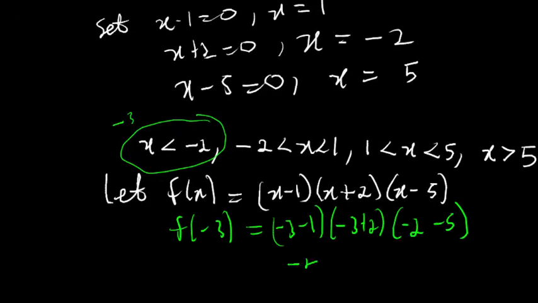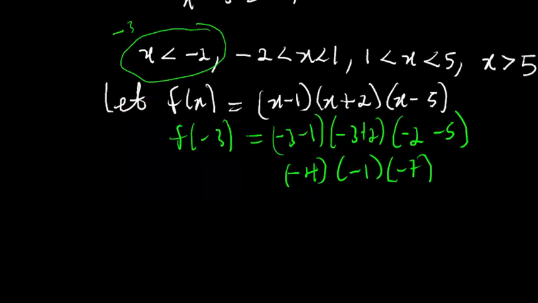So we have minus 4 multiplied by minus 1 and multiplied by minus 8. If you notice this now, we are going to have minus 32. That means we have a negative answer. That means our first inequality gives us a negative answer.